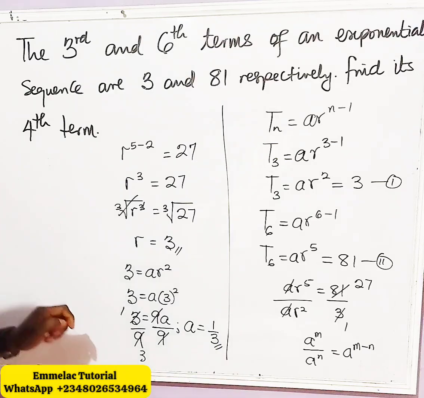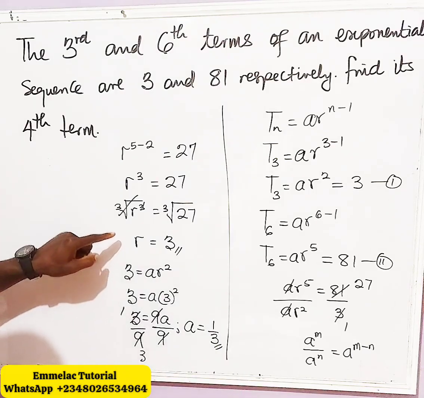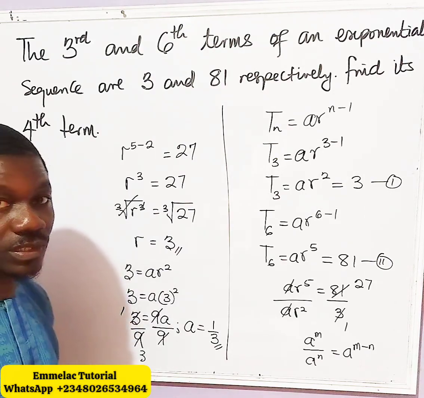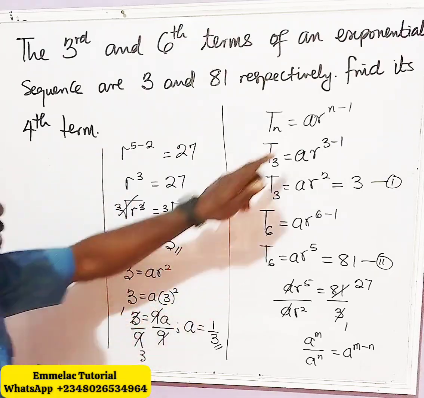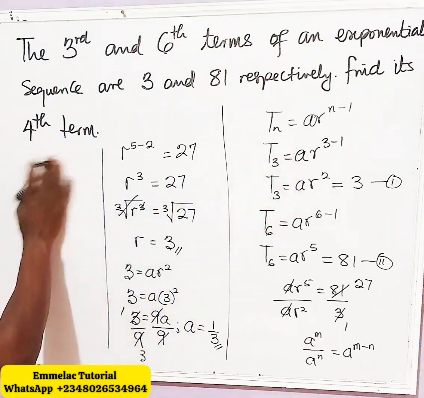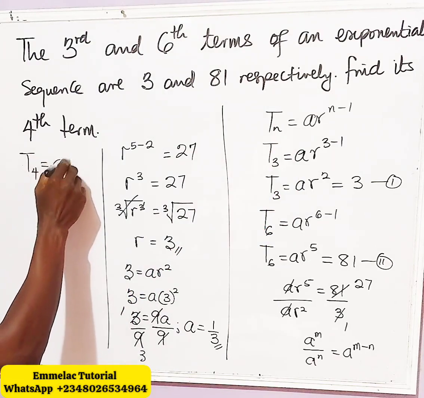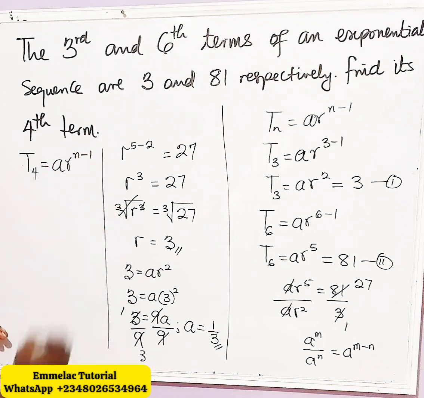At this point, we can find the fourth term of the sequence. Using the same formula, T4 equals AR raised to n minus 1.